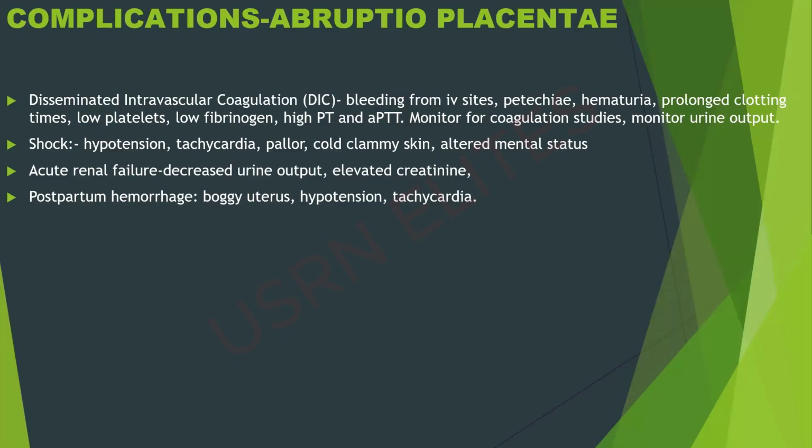So when we give tranexamic acid, it's going to inhibit the breaking down. It means that when the fibrin has been formed, the mesh has been formed, it is not going to break down. So what are you going to monitor?